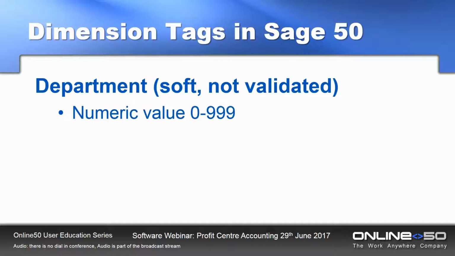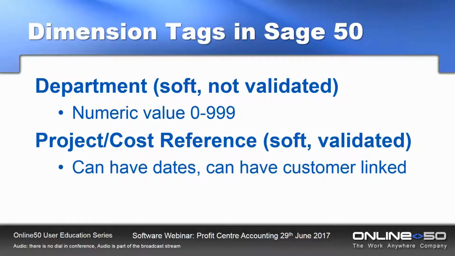You can use up to 1,000 codes, 0 to 999. We recommend you don't use 0. That means you can find all the transactions that are posted with 0, which may mean they didn't have a department entered, and if necessary you can allocate the correct department on it. So yes, soft code, it's not mandatory. You can't make it mandatory.